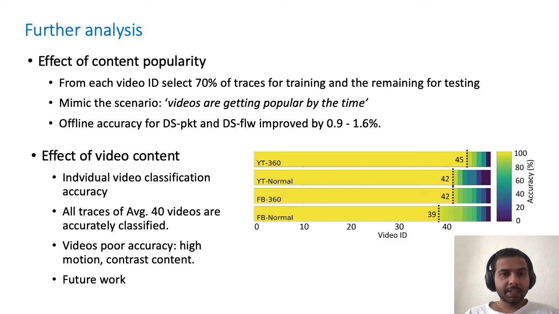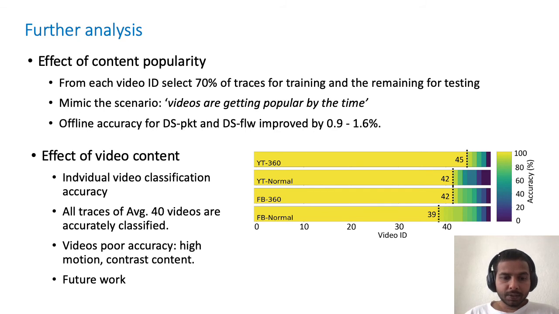By dividing the traces in that way, we could achieve a 0.9 to 1.6 accuracy improvement for both DS packet and DS flow compared to the offline accuracy that I showed earlier. And then we consider the effect of video content, where we analyze the individual video classification accuracy.